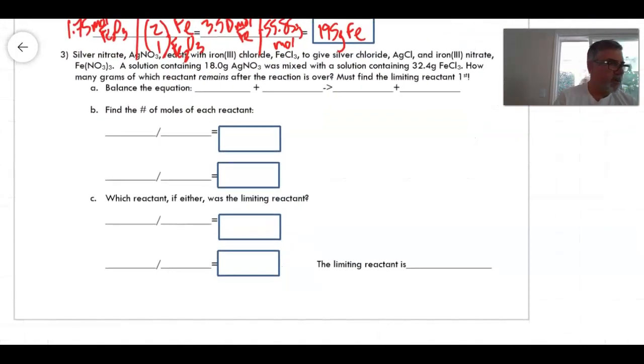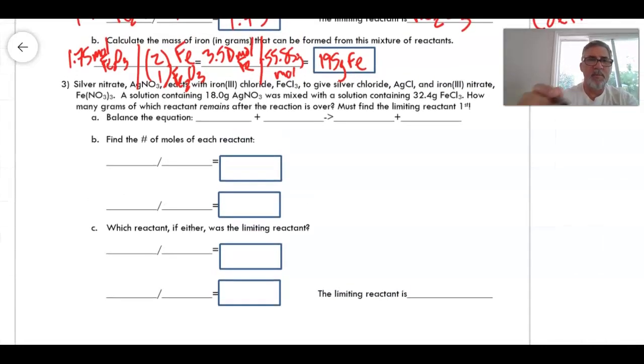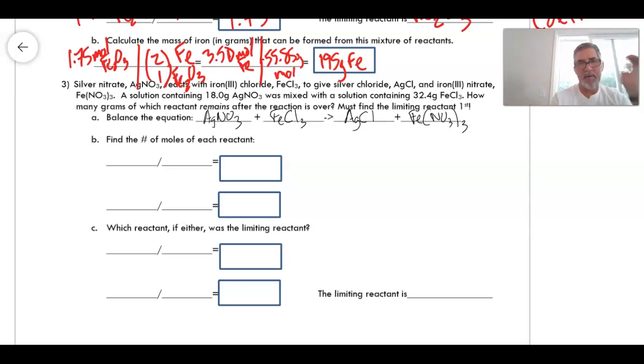Let me get a fine point, probably work better. So the next one's a different type of equation. It asks us a bunch of different stuff. First, you have to balance the equation. So in the equation, I have silver nitrate, iron 3 chloride, silver chloride, and iron 3 nitrate.